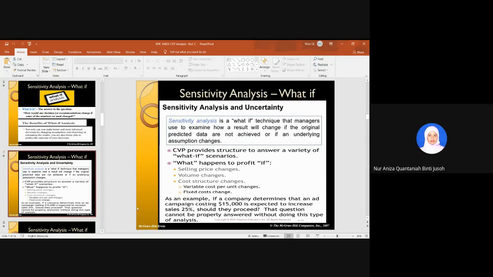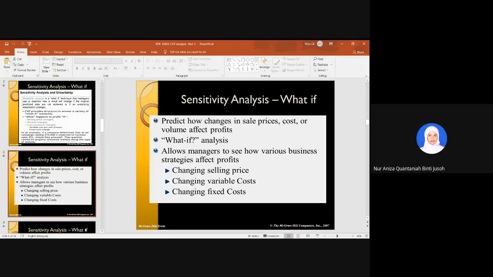This is the what if analysis. Usually you can see how business strategy will affect profit by changing the selling price, the variable cost, and the fixed cost.